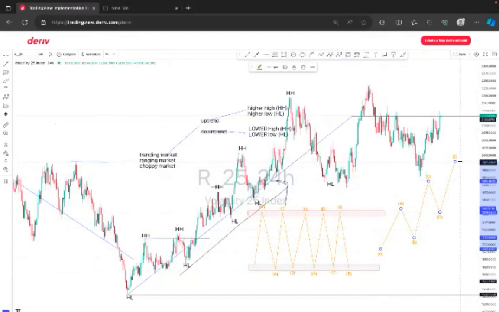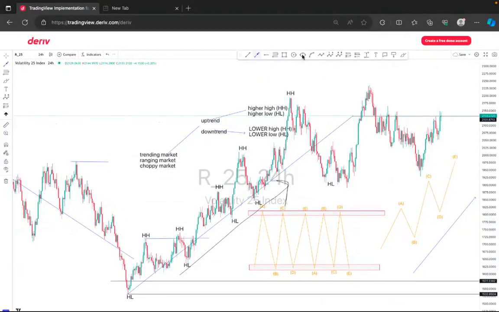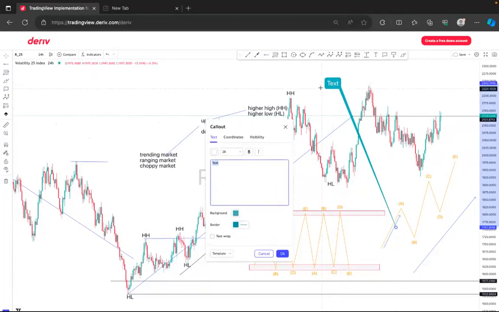You understand? Now, since the market is going in an uptrend, are you listening, guys? Any movement going in the direction of that uptrend is called what? It's called the impulsive move.